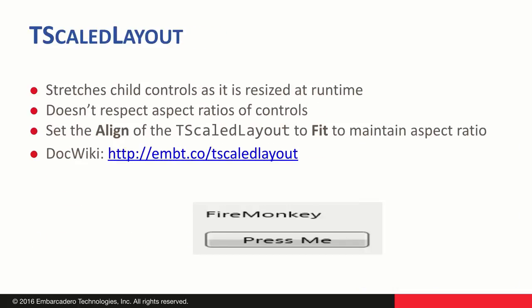This is something that long ago in VCL, I saw a lot of people loved a third-party component that did something similar to this. What it does is you put down a scaled layout, and it stretches the child controls as it is resized at runtime.